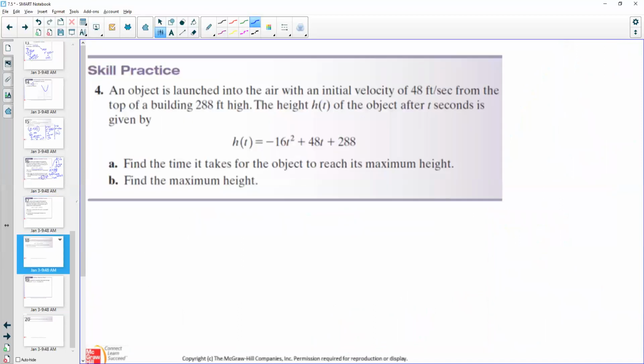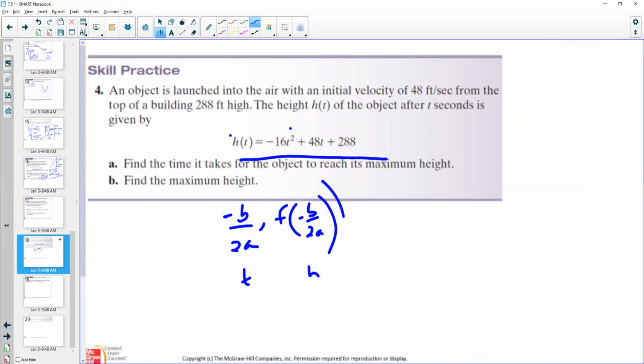Same idea here. An object is launched in the air at a velocity of 48 feet per second from the top of a building 288 feet high. The height of the object after t seconds is given by this formula. Find the time and then the height. Same thing, we're going to do the vertex, negative b over 2a. This is going to be the time, and then f of negative b over 2a is the height. Negative b is negative 48 over 2 times negative 16.